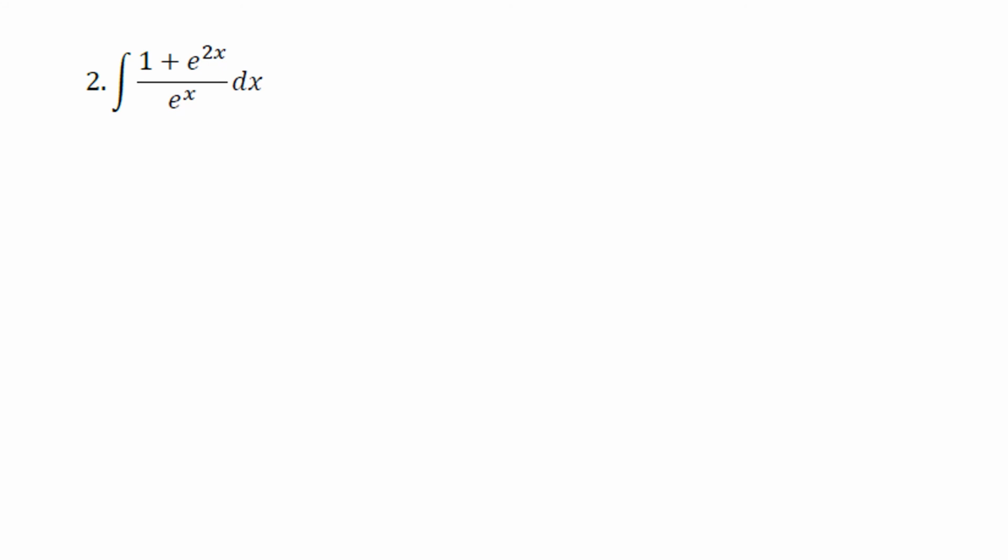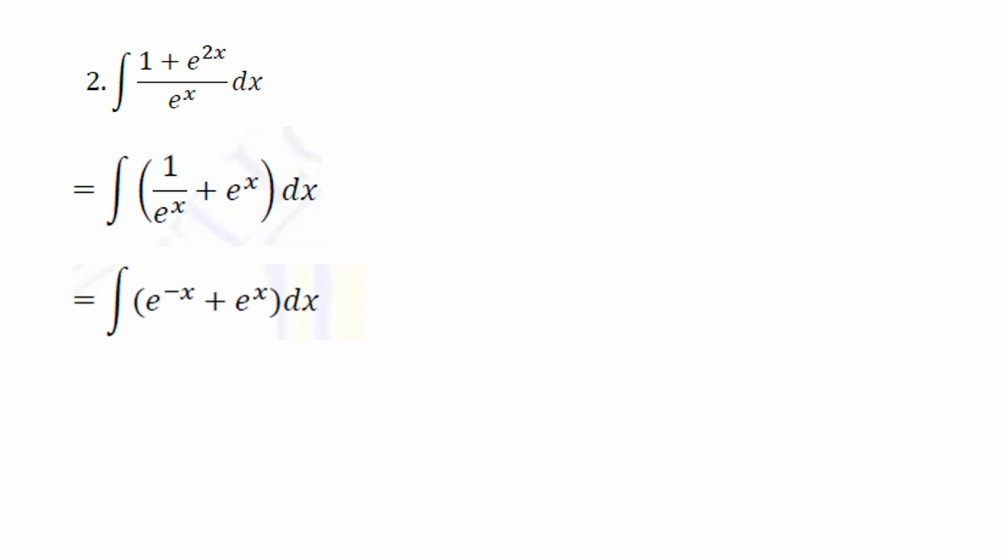So what happens if we divide 1 plus e raised to 2x by e raised to x? We get 1 over e raised to x plus e raised to x, which becomes the new integrand of our problem.